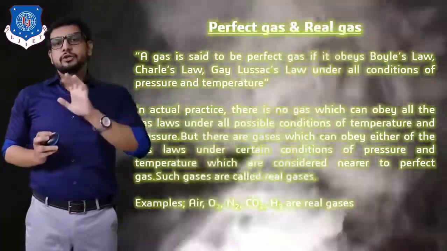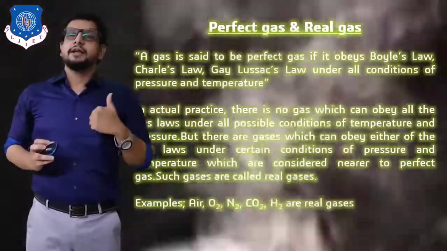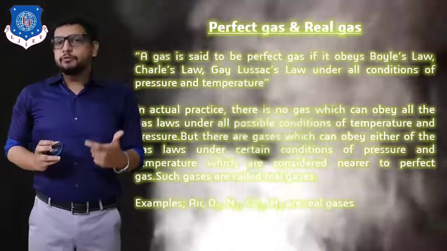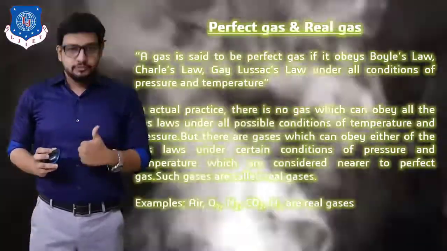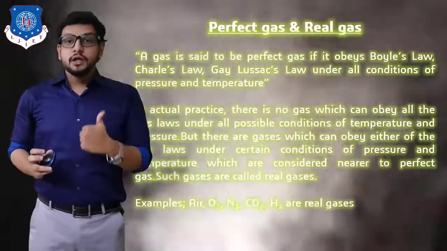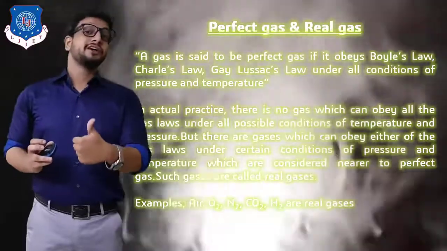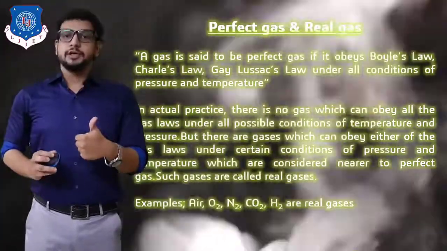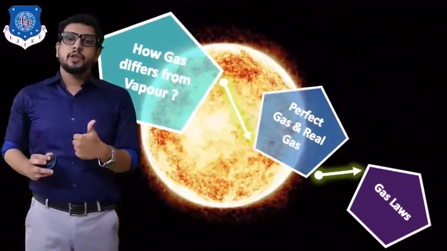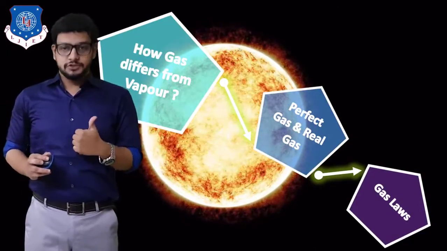I hope you are clear on the main difference between a perfect gas and a real gas. A perfect gas is a hypothetical condition, an imaginary concept, whereas real gases are the ones which can obey either of the laws under certain specific conditions of pressure and temperature.